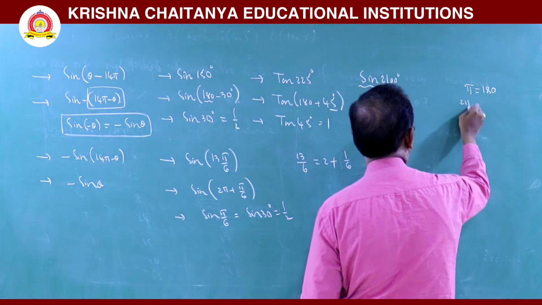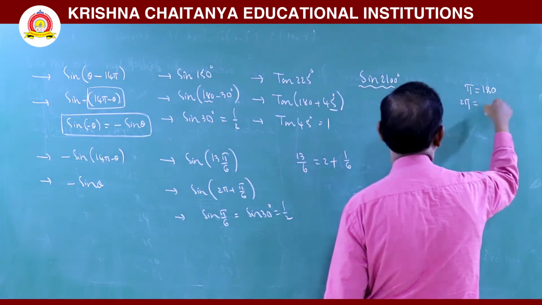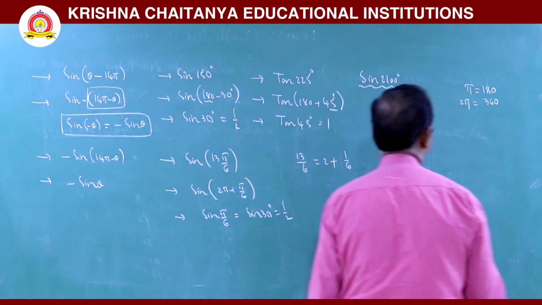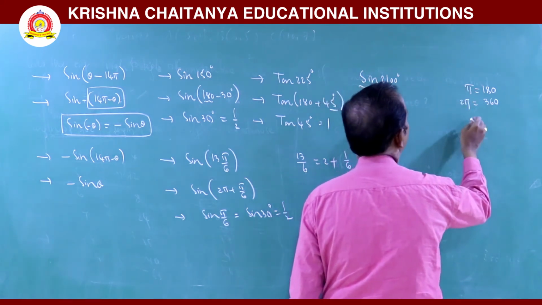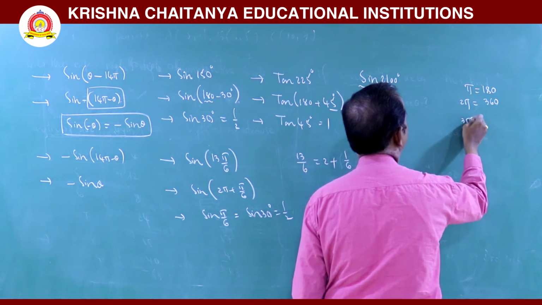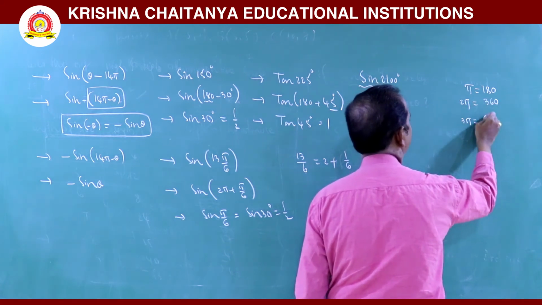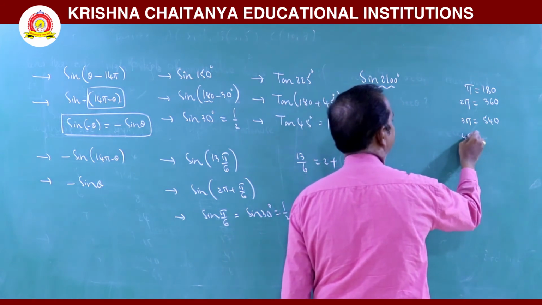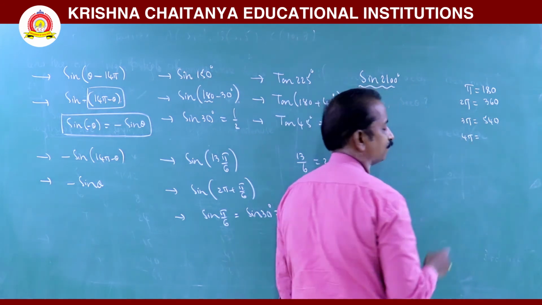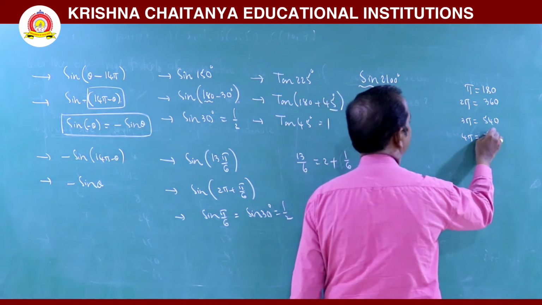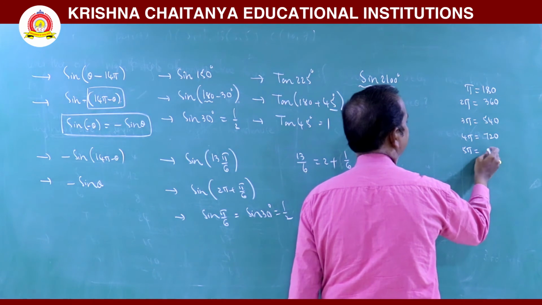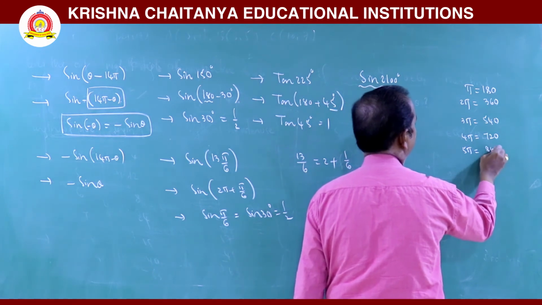If you consider 2 pi, 18 twos are 360 degrees. 3 pi, 18 threes are 540. 4 pi, 18 fours are 720. 5 pi is 900.